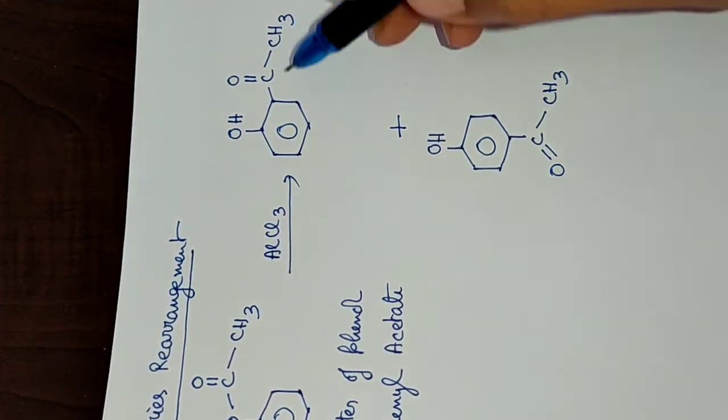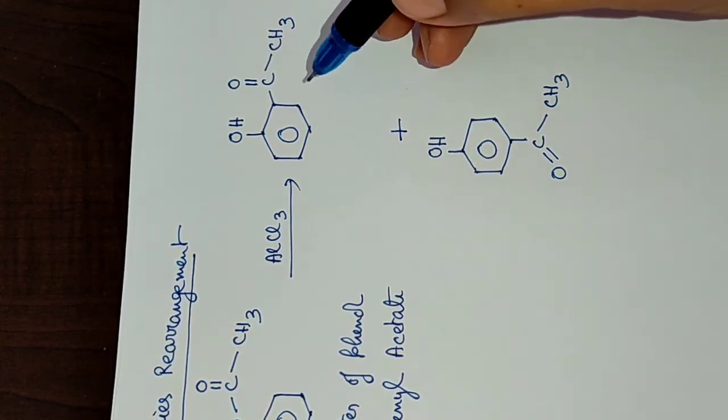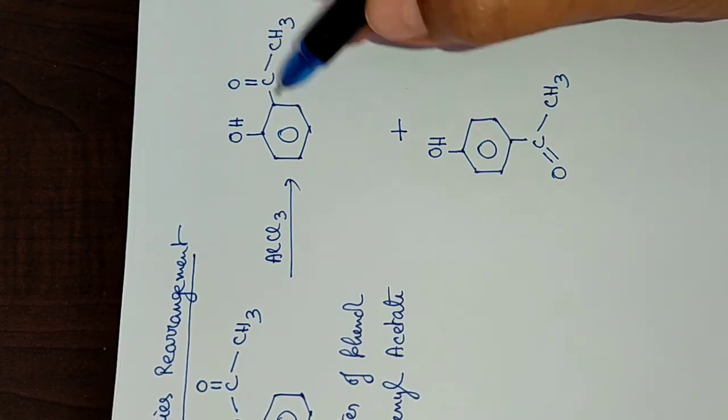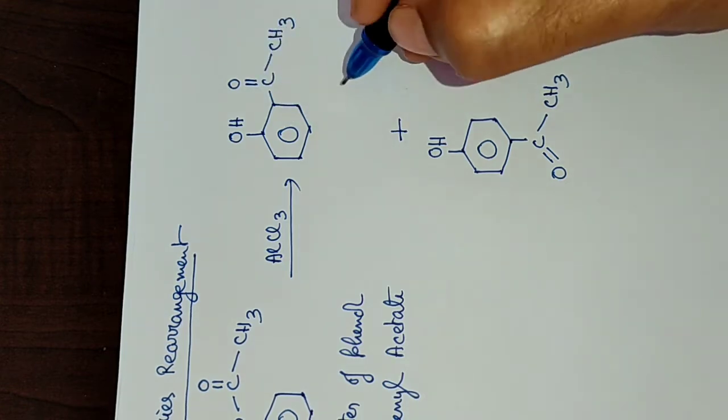Now this is the main functional group, most prior between these two. So it will be named as acetophenone. This one is CH3CO and this is the phenyl group and this is ketone. So it is acetophenone.